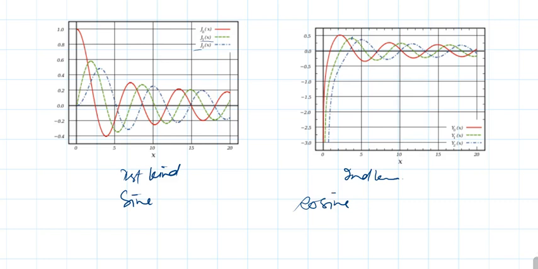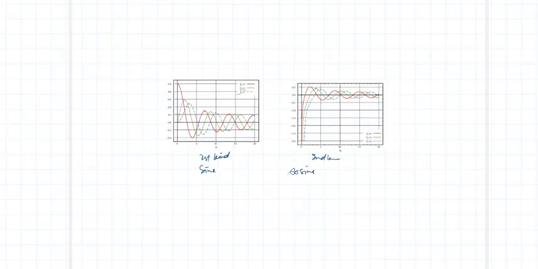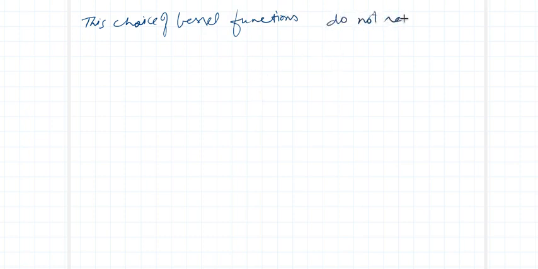So the choice of these types of Bessel functions does not represent an outgoing or incoming wave.